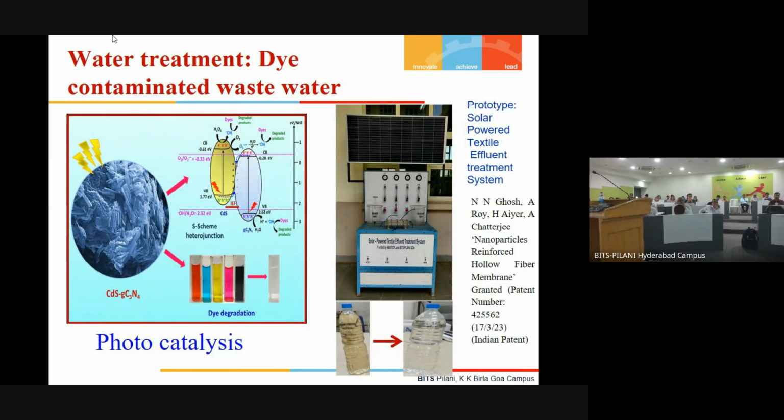Here I am giving you an example of a nanocomposite composed of cadmium sulfide and graphitic carbon nitride. Cadmium sulfide is a very well-known photocatalyst, and we have made a composite with graphitic carbon nitride, which is also a semiconducting material, using this catalyst.